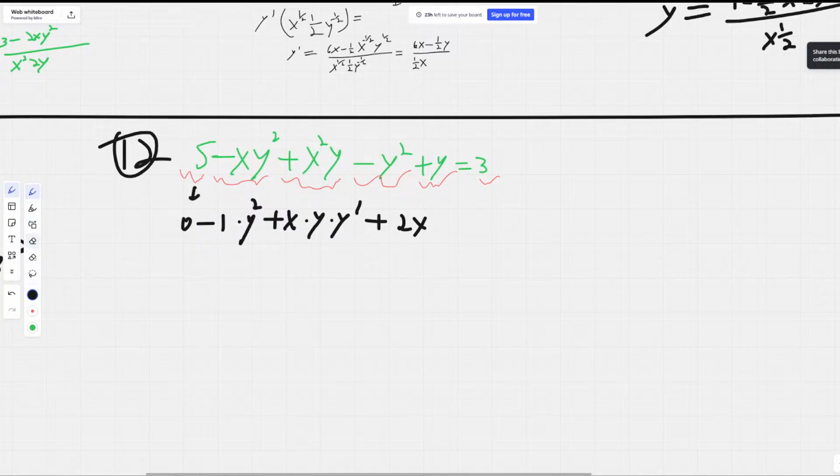I need to fix an issue. 2y. Perfect. Times y prime. No? Wait. There's not supposed to be a squared there. Yes, there is. Wait.